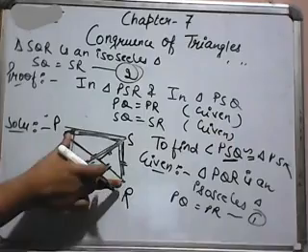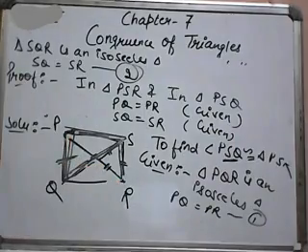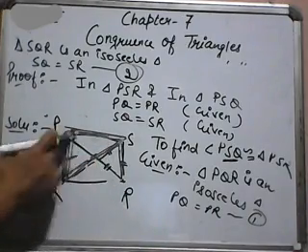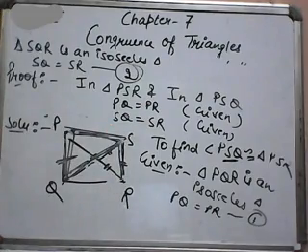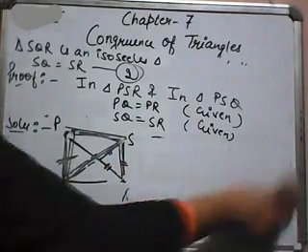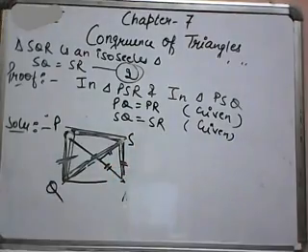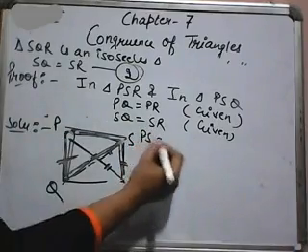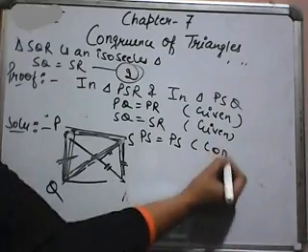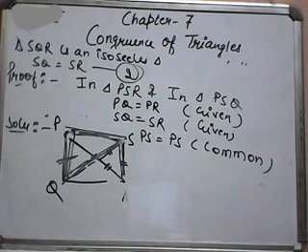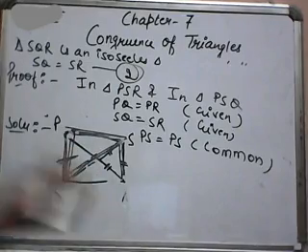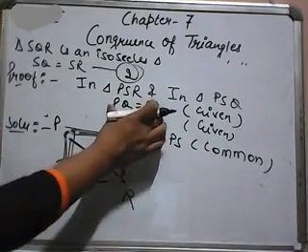Now PS is a common side in both triangles. PS is equal to PS. It is a common side in both triangles. In triangle PSQ, PQ, and in triangle PSR, PR: these two sides are equal.